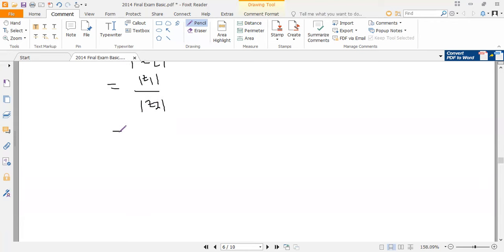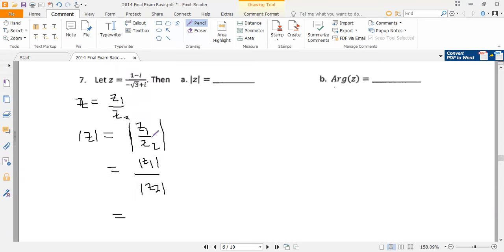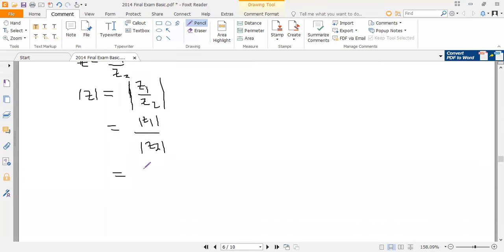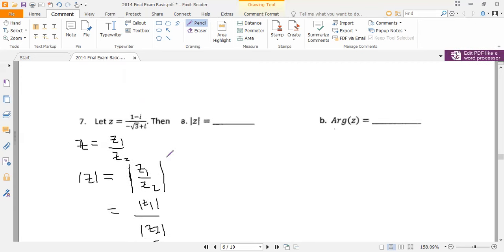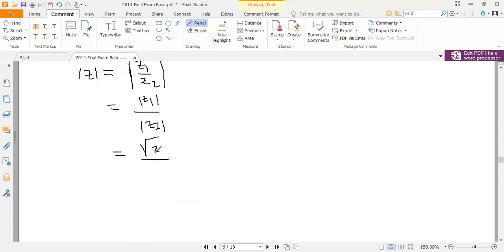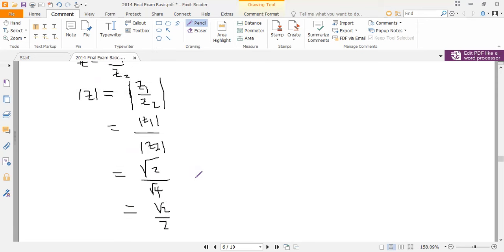So the modulus of z1 over the modulus of z2 is the square root of 2 over the square root of 4, which is the same as square root of 2 over 2.